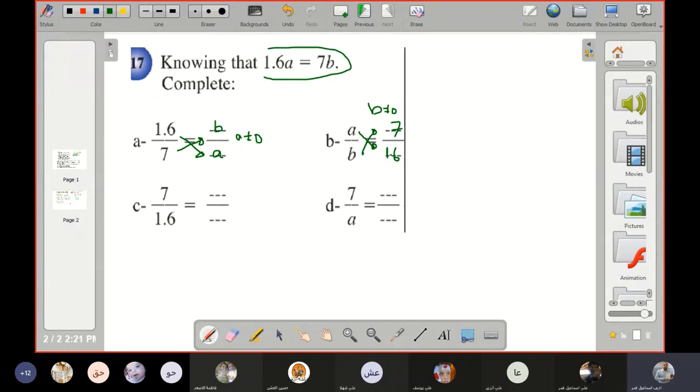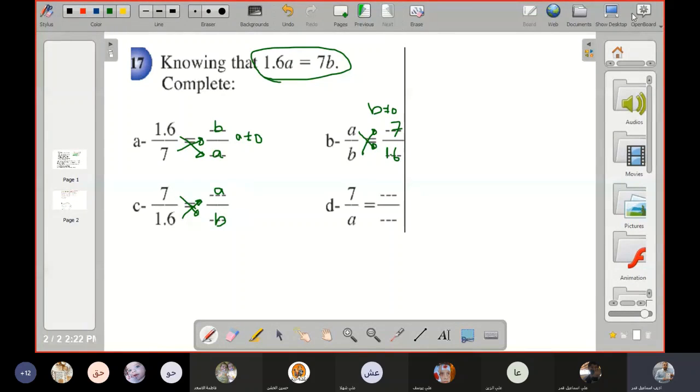It always comes back to this. Okay. 7 becomes 7B and 1.6 becomes A. We do cross multiplication, so it becomes A over B. After cross multiplication we should get what? 1.6 times A, 1.6A, and 7 times B, 7B.